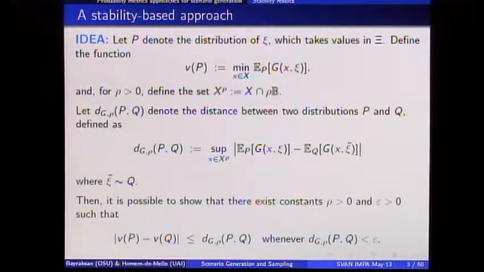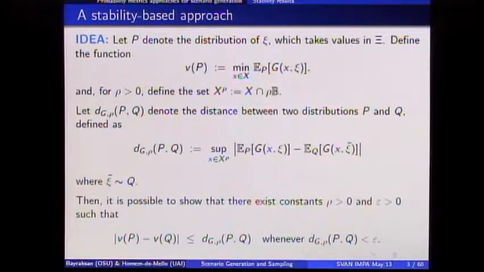It's important to understand why. That's why this is a stability result: if I don't perturb my distribution by too much, if the distance between P and Q is not too big, then there won't be much difference in the optimal values either. It's essentially a stability result.